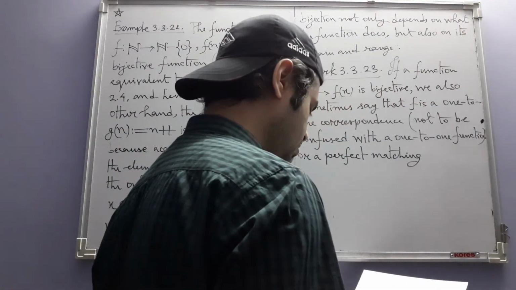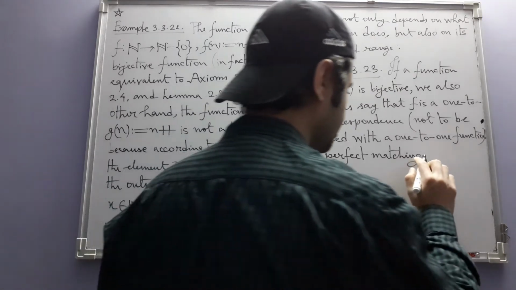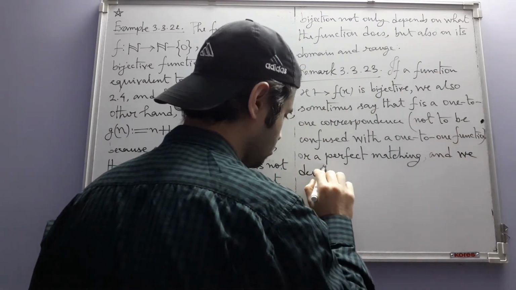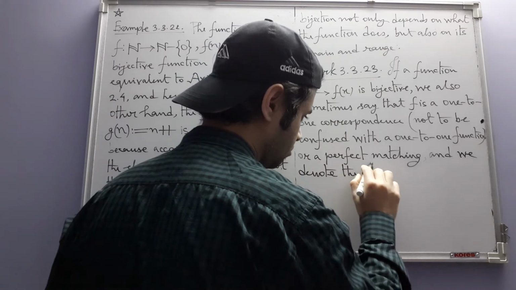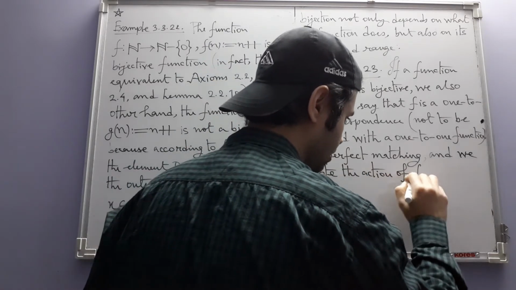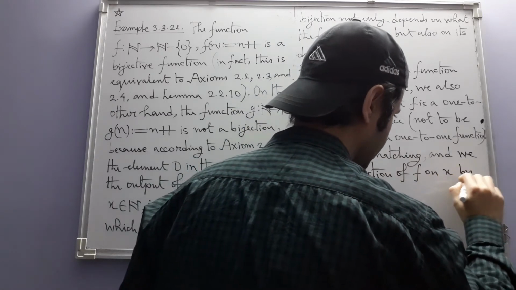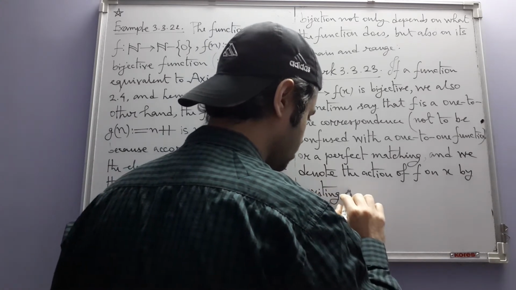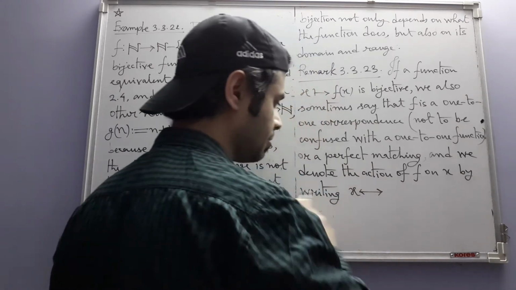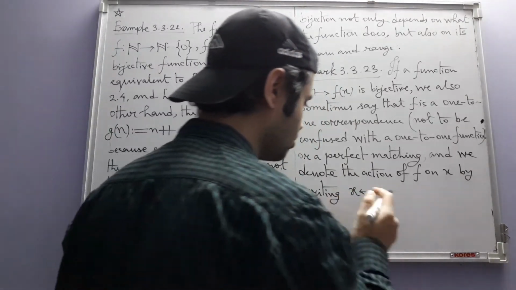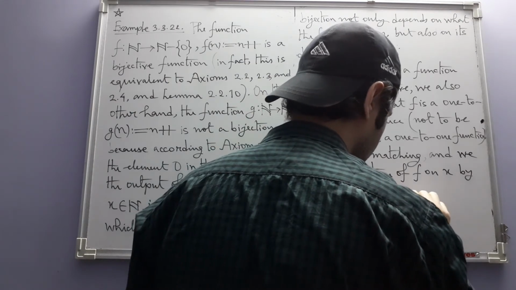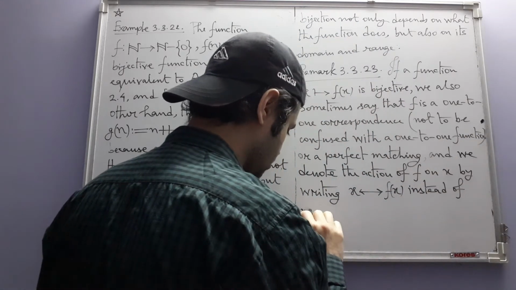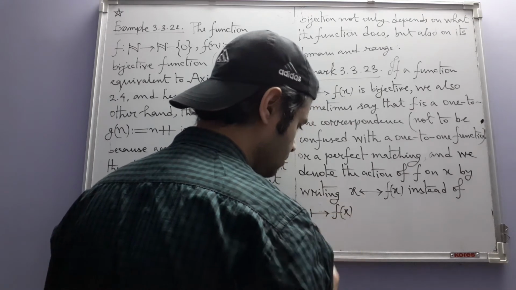And yes, we denote the action of f on x by writing a double arrow, with arrows in both directions, instead of the ordinary function arrow.